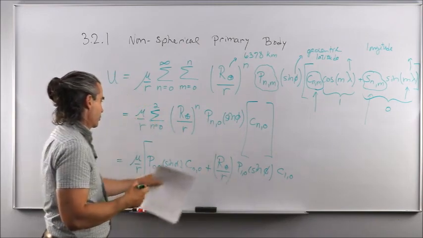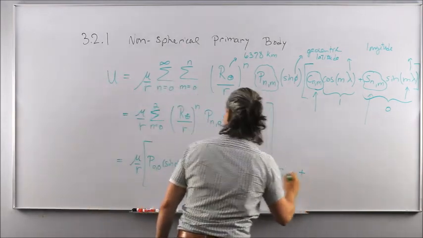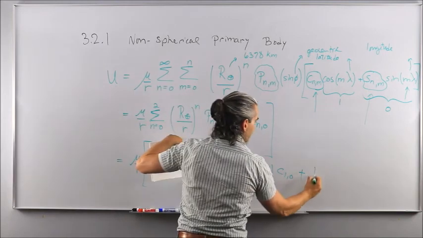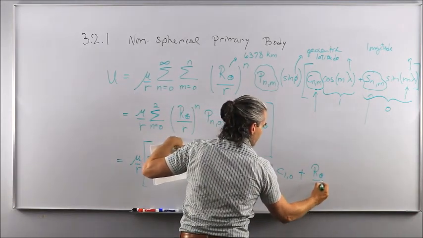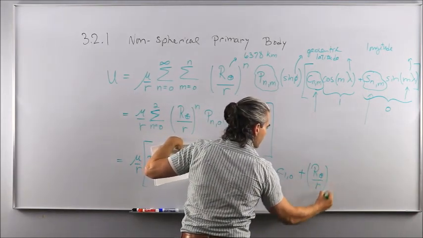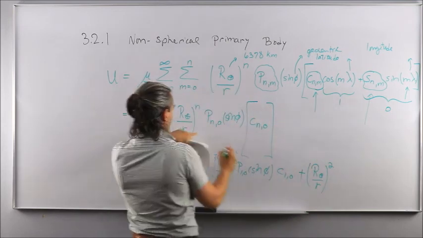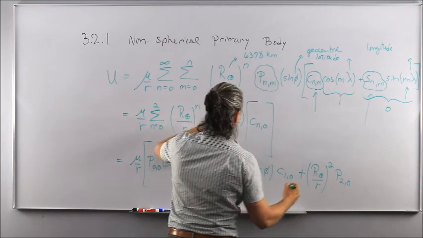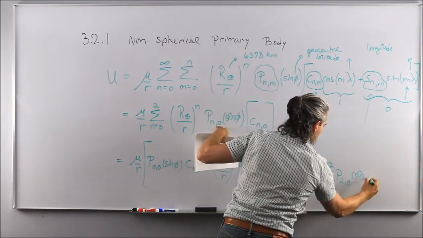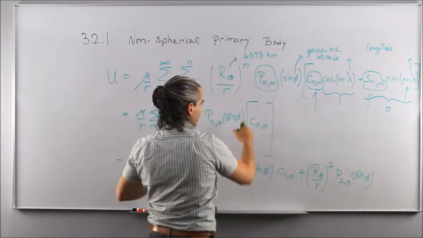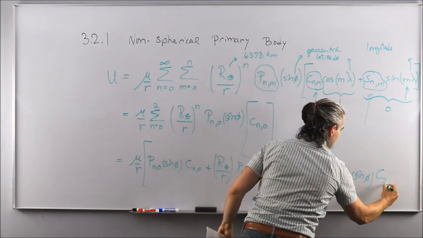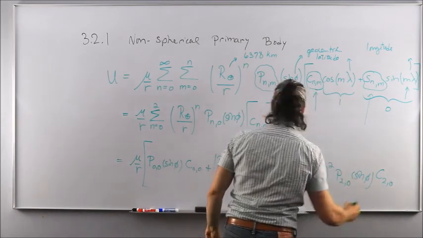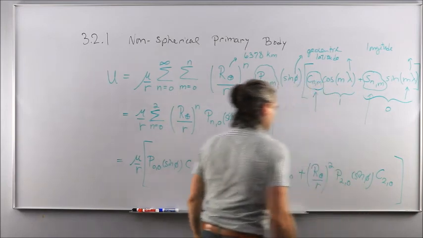And lastly, the third term will be plus R Earth over r distance to the power 2 times P_2,0 function of sine phi times C_2,0, and then close this bracket here.